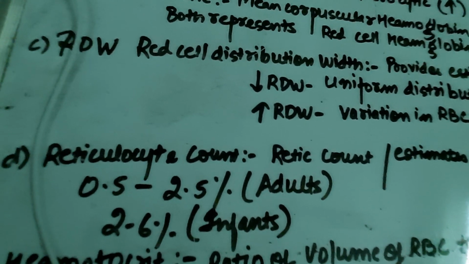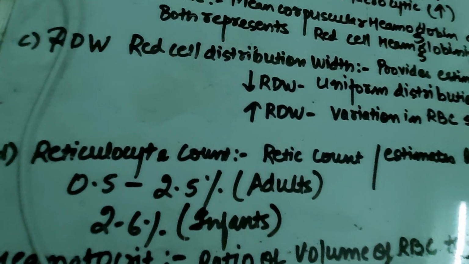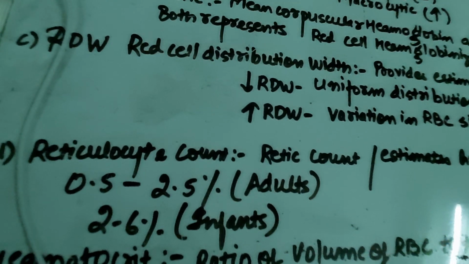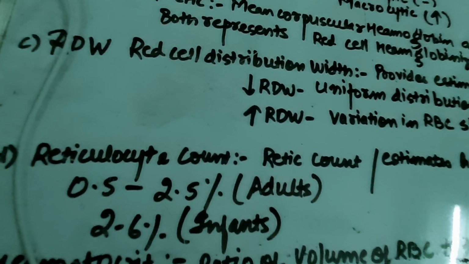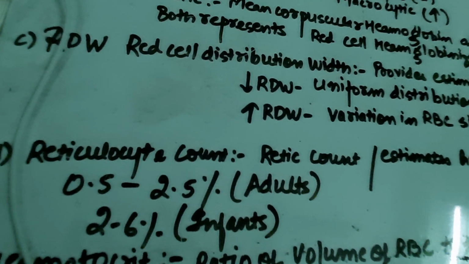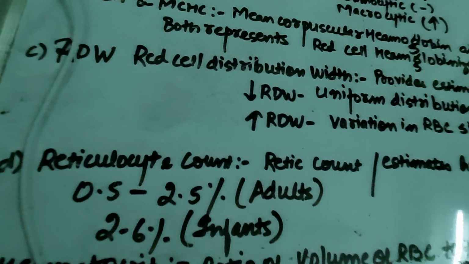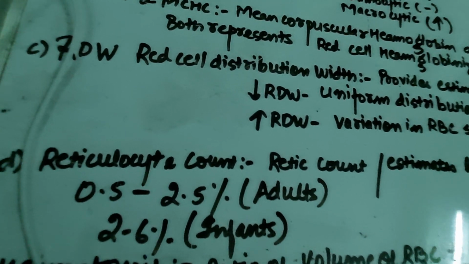This is very important to understand that reticulocyte count is the most important investigation done in iron deficiency anemia. Even after the treatment of iron deficiency anemia, the important investigation used for prognosis is the reticulocyte count. If retic count increases, it means your anemia is improving.